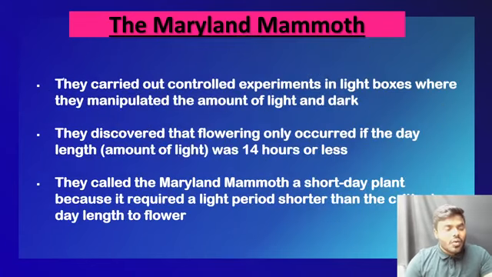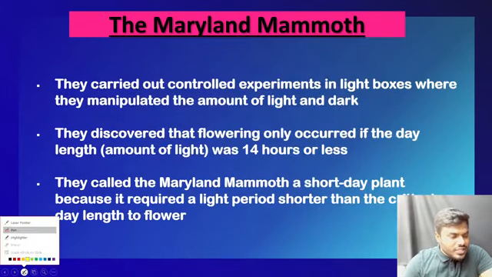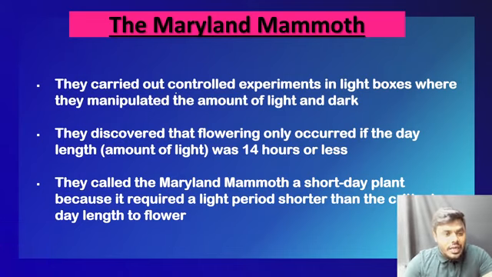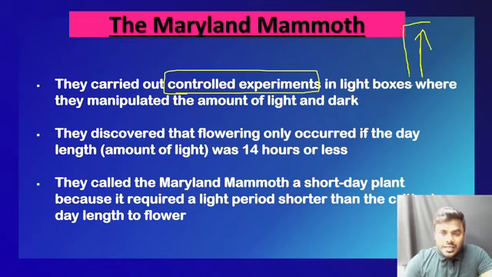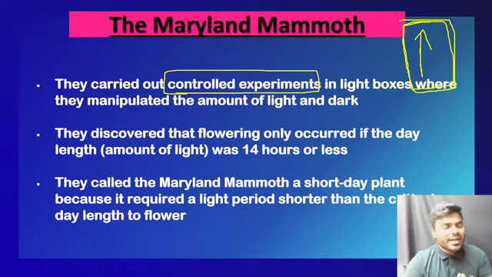Friends, first, what they did, all the students listen to me, they carried out controlled experiments. What do you mean by a controlled experiment? Suppose this is a plant. Imagine this is the plant. They packed this plant in containers.